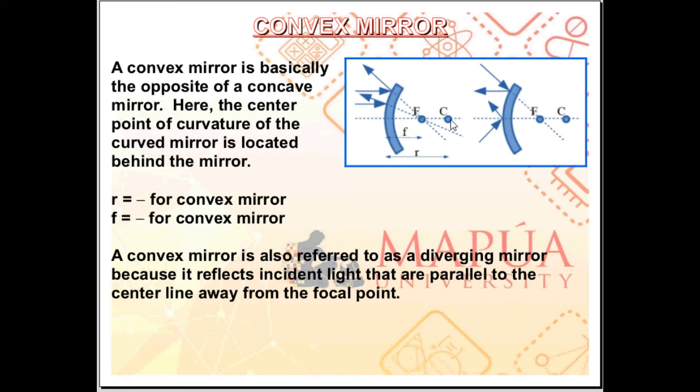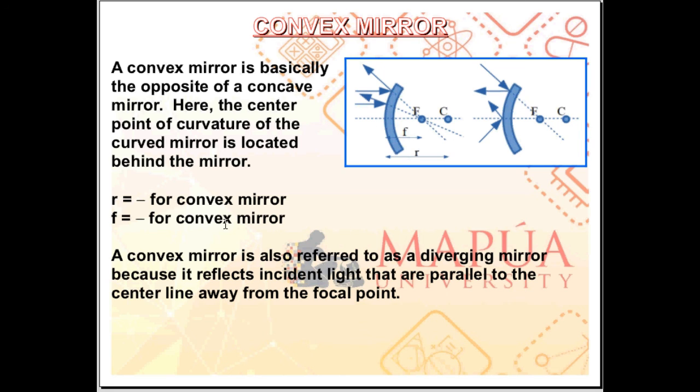The center point of curvature is behind the mirror. You have a convex mirror. Since the center point is behind the mirror, the radius of curvature is negative. Focal length is also negative. The focal point is behind the mirror.